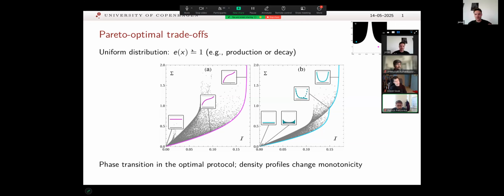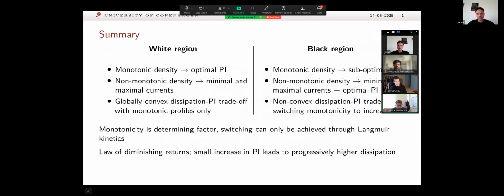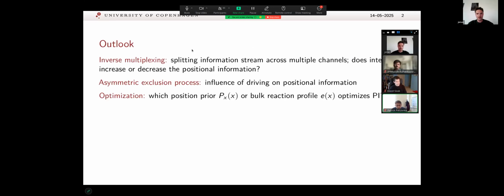So there is some kind of phase transition in the optimal protocol when going along this Pareto front. For both these plots, we have a law of diminishing returns. If we want to have higher positional information, this of course leads to progressively higher dissipation in both cases.